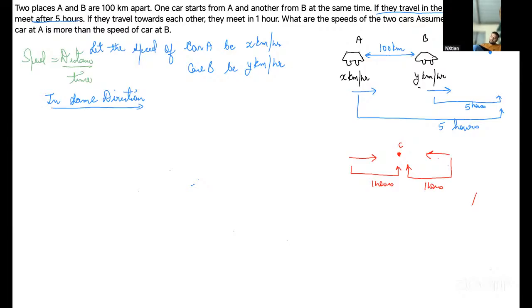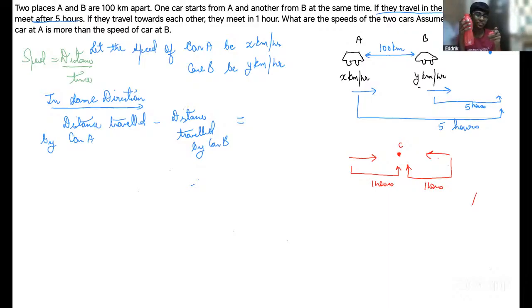If they are in the same direction, the distance traveled by car A minus the distance traveled by car B is equal to 100. See, the distance traveled by car A is this much, and the distance traveled by car B is this much.